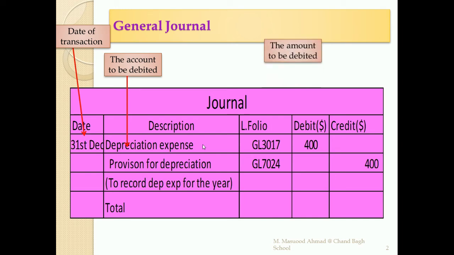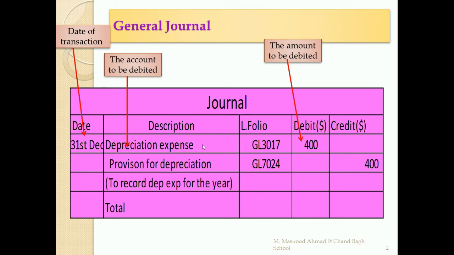The amount of depreciation, $400, is to be debited in the depreciation account. So according to this journal record, in the depreciation ledger we will debit the amount 400.